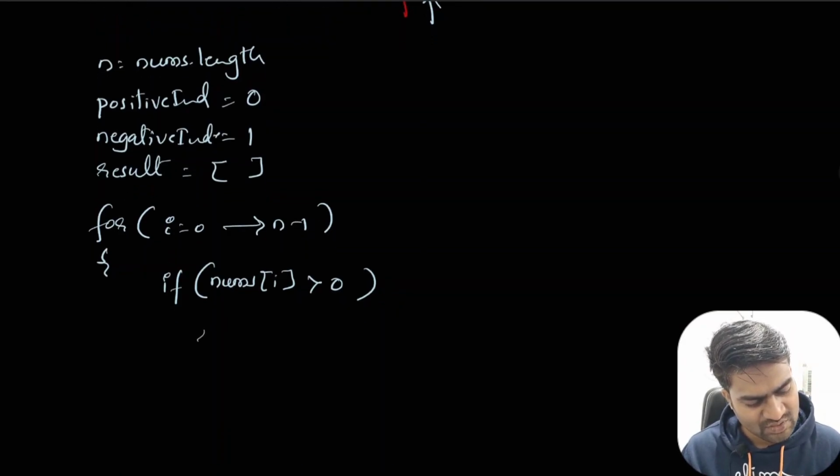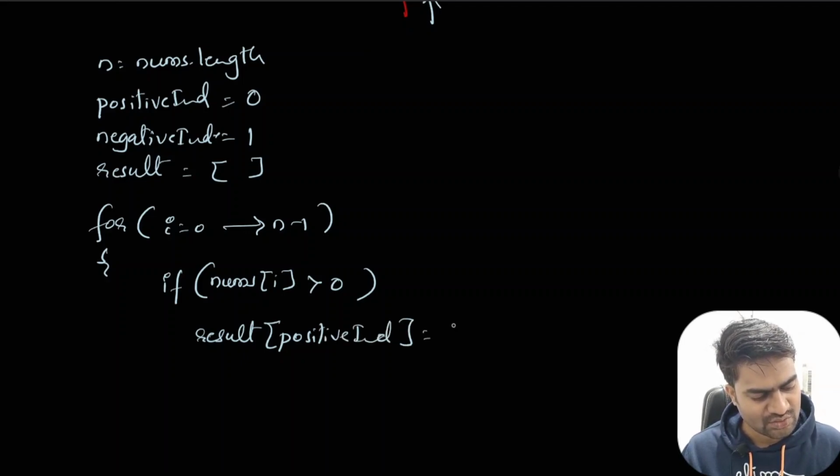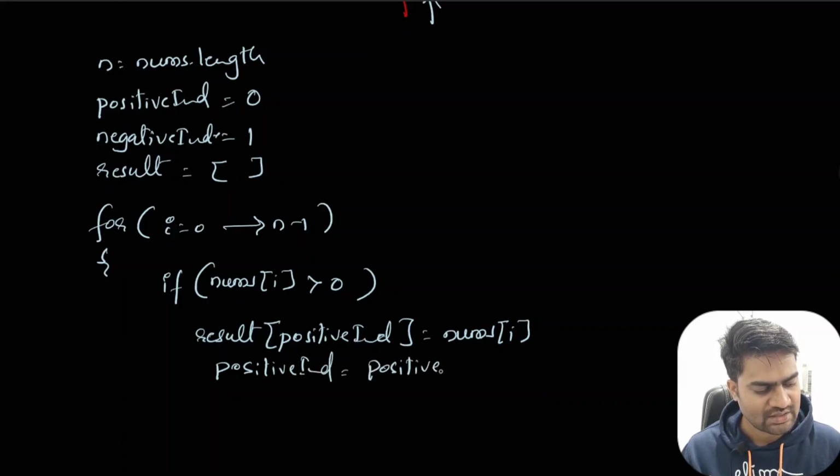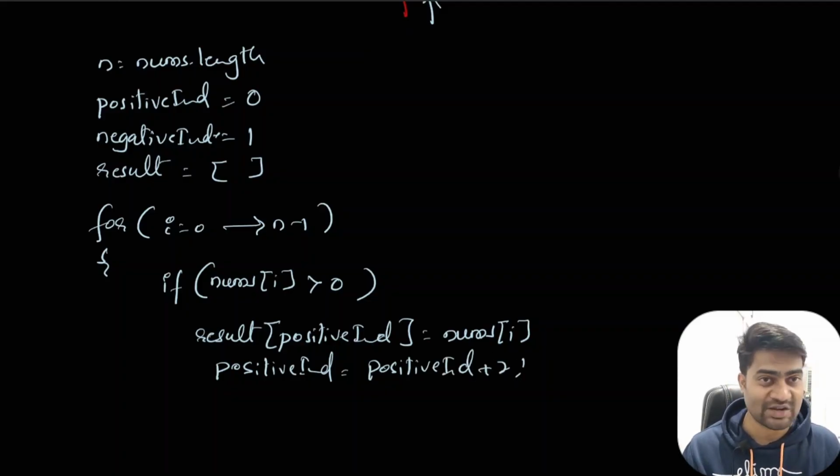So I will set result of positive index equal to nums of i. Then after that, I have to do positive index equal to positive index plus 2. Correct, right? I will have to increment it by 2, not 1.